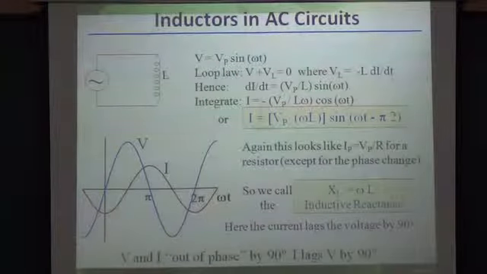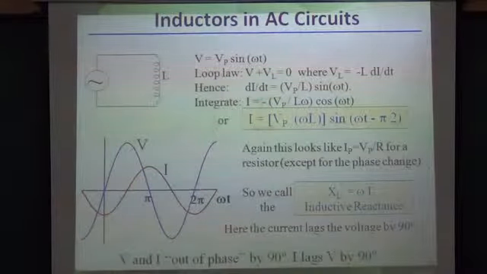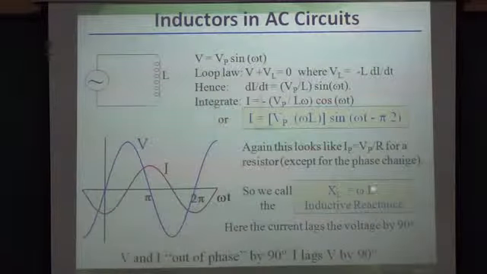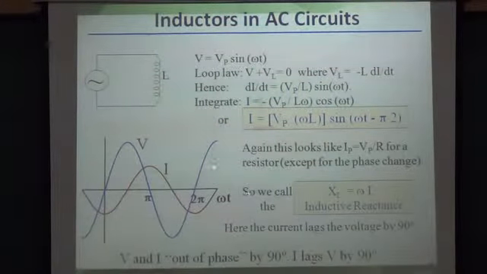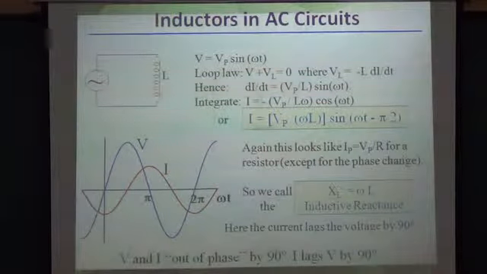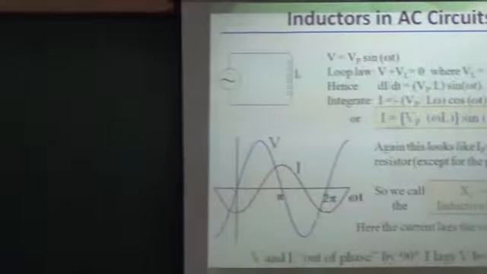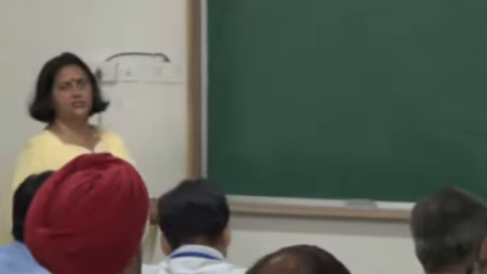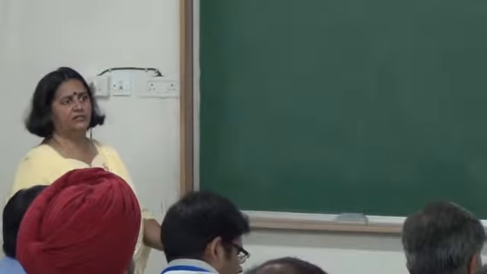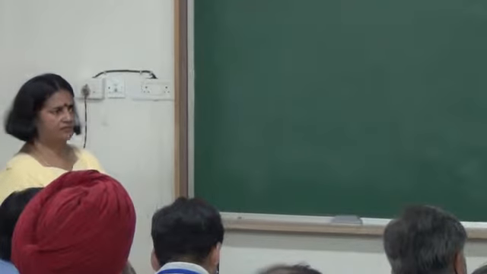So normally we define reactance, which is a frequency dependent resistance part. Also you can say that wherever I have phase difference 90, it is reactance, whether it is L or C, plus or minus depends on L or C. But the phase difference will be 90 degree, then it is a reactance.